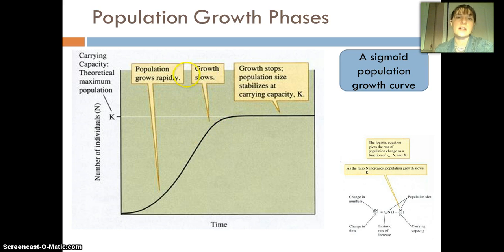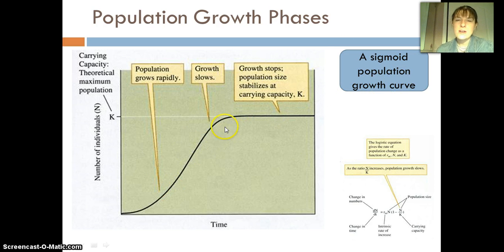Something like that is going to start slowing the population. Eventually, we're going to end up in this last phase. We call it the plateau phase, or carrying capacity. That's where the largest number of individuals that can be supported in that environment exist. So the number of individuals can't grow anymore. This shape looks a little bit like an S. It's called a sigmoid population growth curve.